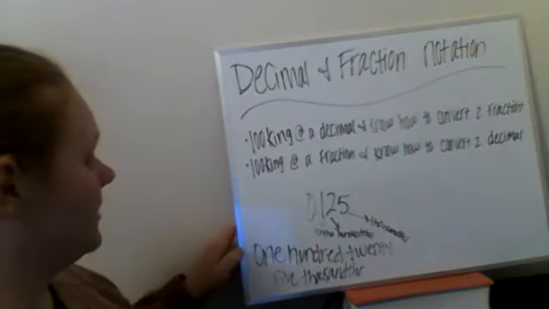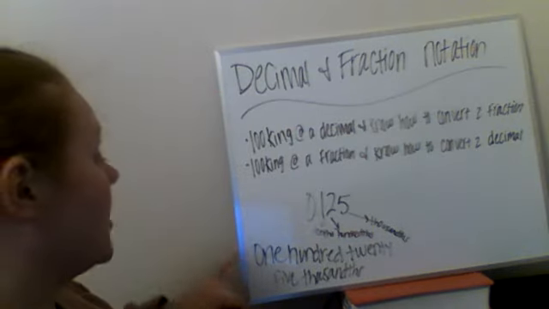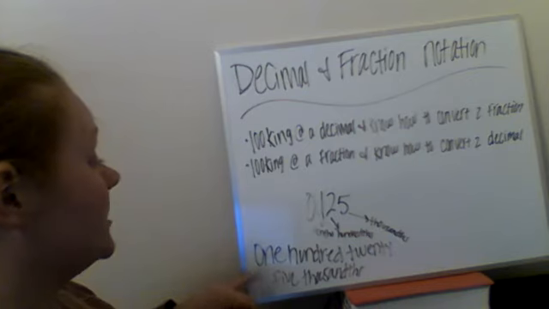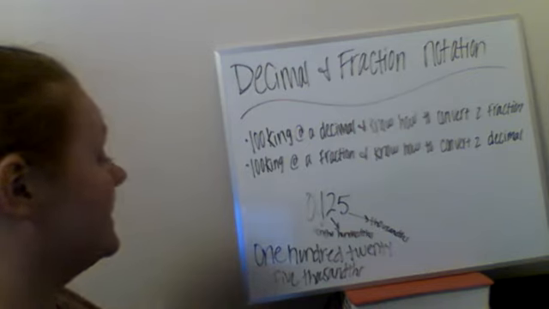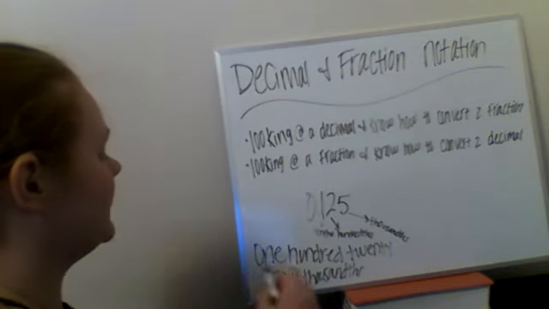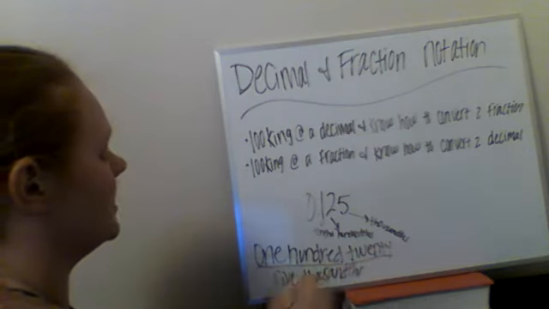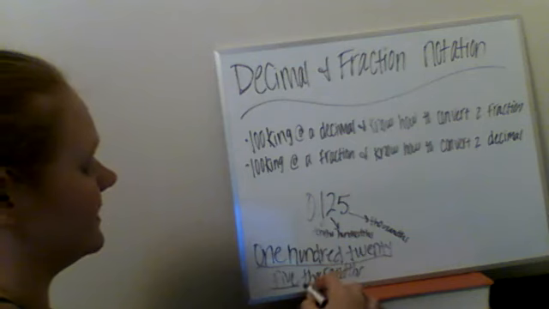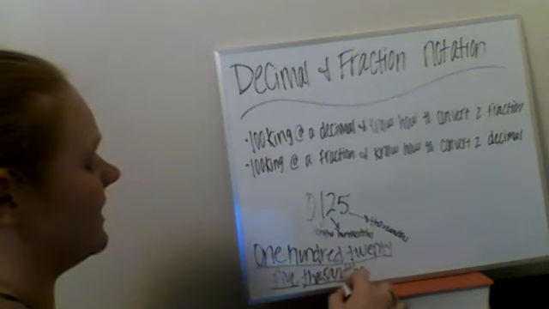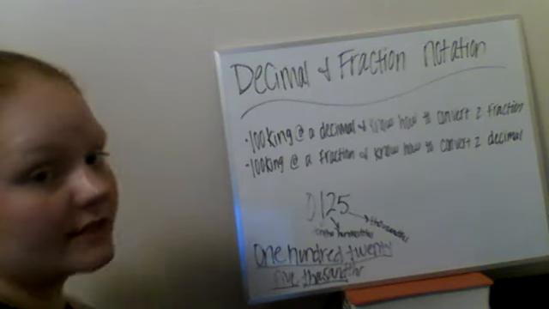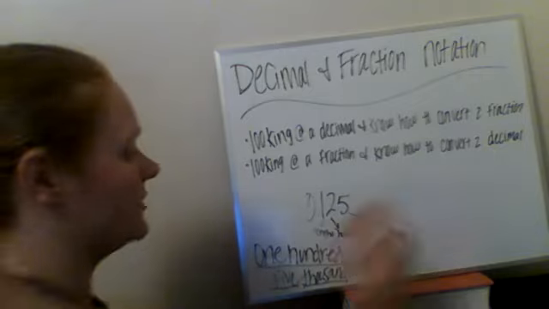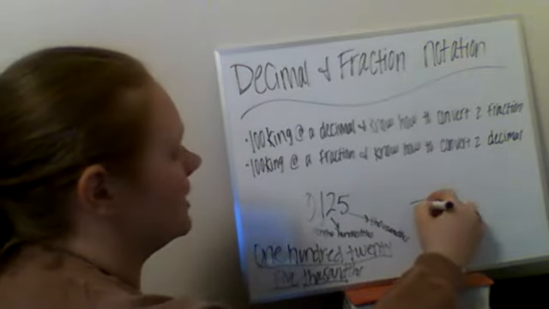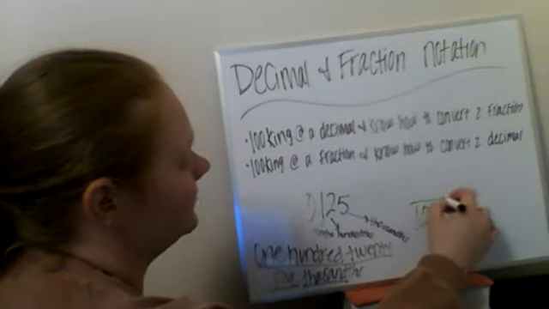So if I look at my word form for this, 125 thousandths, my big number that I see first is 125. Then my thousandths, the keyword in thousandths is 1,000. So I know my denominator is going to have 1,000 in the bottom, because of the last number.